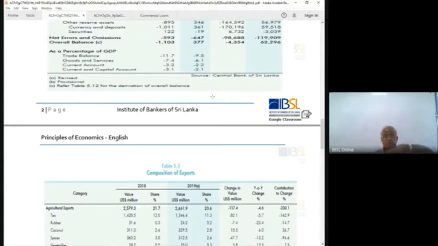Total assets 1,000, monthly import expenditure 100. How many months of imports can be financed using these overall assets? 1,000 divided by 100 is 10.